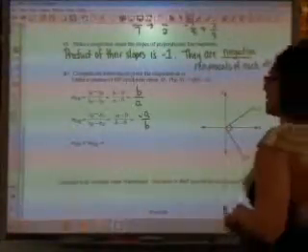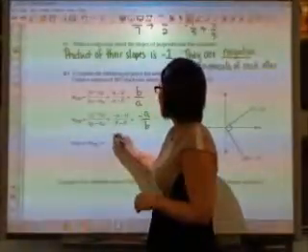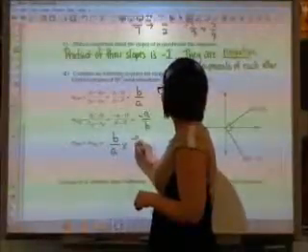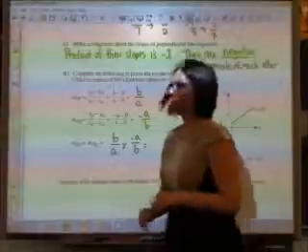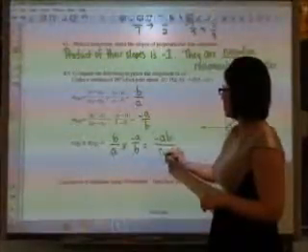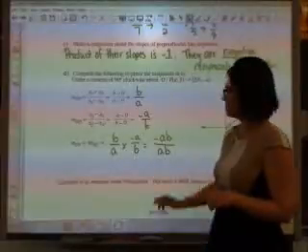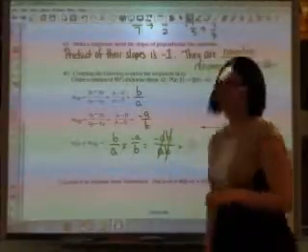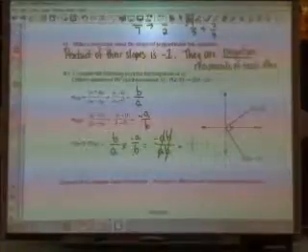And in the last step, when I multiply these together, I get -a times b over a times b. A's cancel, b's cancel. I'm left with a -1.